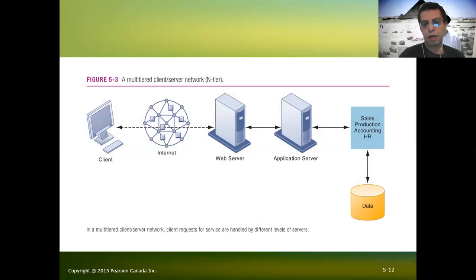What do you usually hear? A multi-tiered client-server network. It's basically when the servers are separated, one for the web server, another for the application, and a third one for the database.